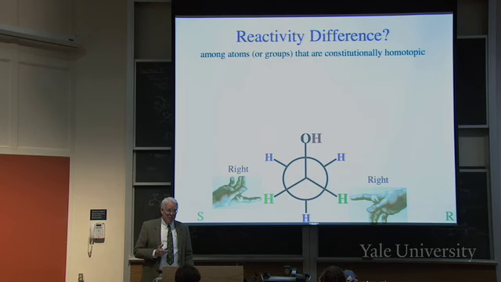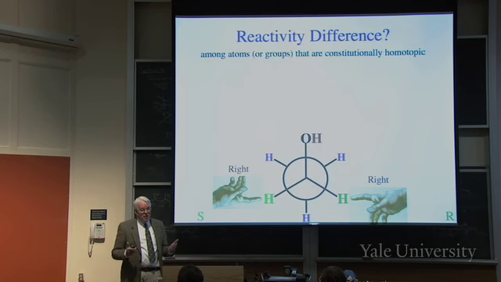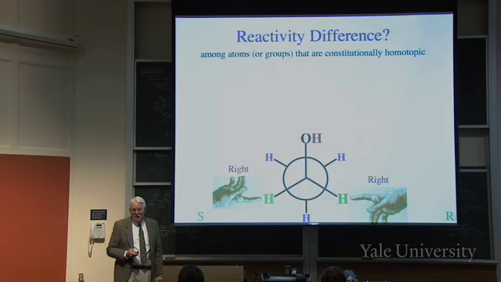What would you call the relationship between these two reactions? Angela? They come out completely different, they're diastereomeric. Right, they're diastereomeric paths. So they're different in energy. So one will be faster than the other.